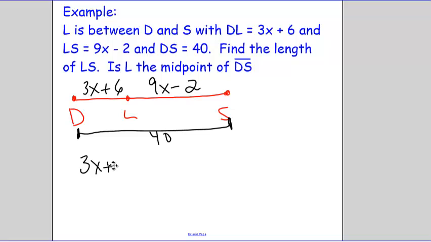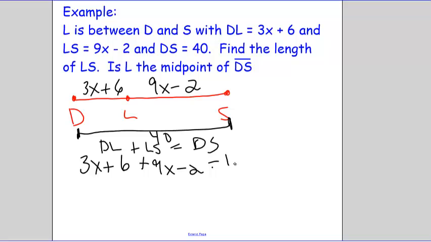3x plus 6 plus, because DL plus LS equals the whole segment. LS is 9x minus 2. That equals the whole length of DS. Well, that guy's 40.